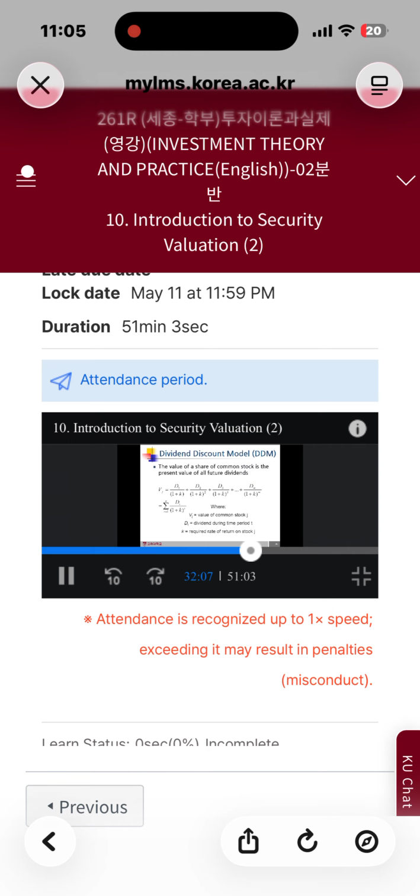So the dividend discount model. The value of a share of common stock is the present value of all future dividends. Okay. So the value of the stock is the earnings divided by some discount rate, required rate of return, say K, or cost of stock. So there are several approaches to measure earnings.